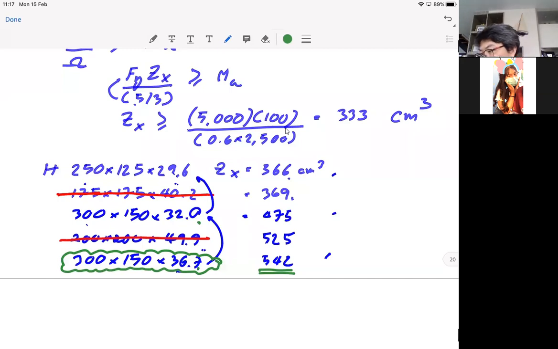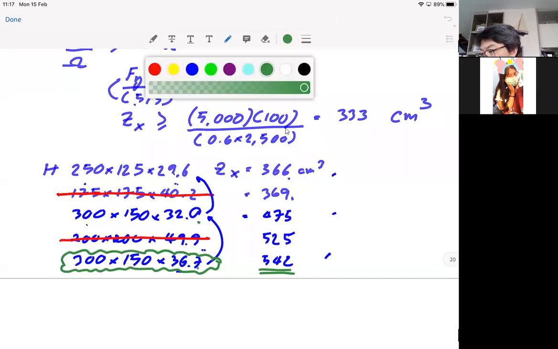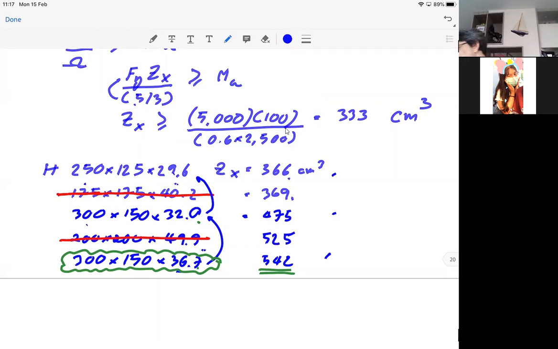So let me be fair and give you the value of the moment of inertia as well. If you are an engineer yourself, this is the value that you should check. You just don't say, hey, the teacher never gives me the number.